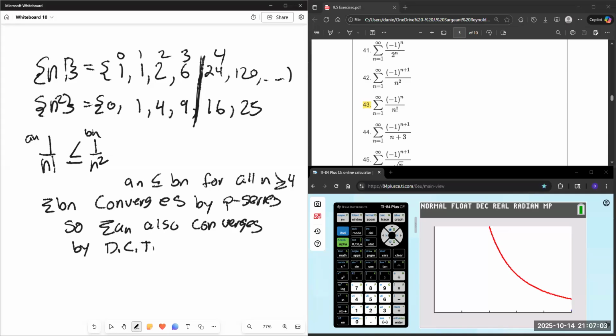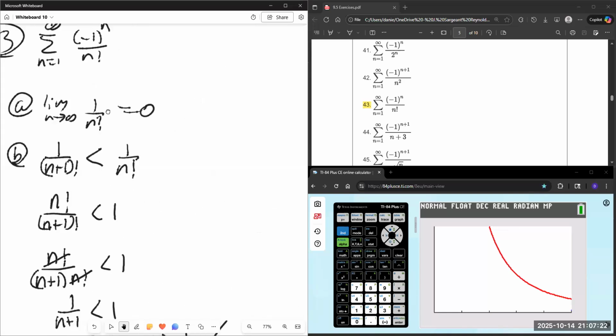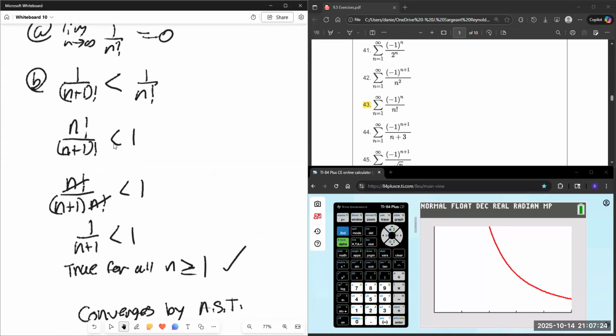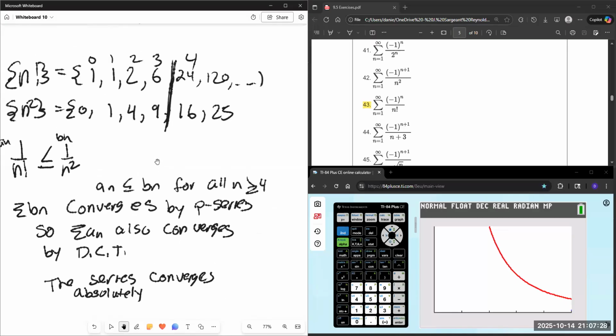And then I can say that the series converges absolutely because the absolute value of the series converged without having to test these conditions. Just this 1 over n factorial piece converged all on its own, so testing the conditions was not necessary this time.